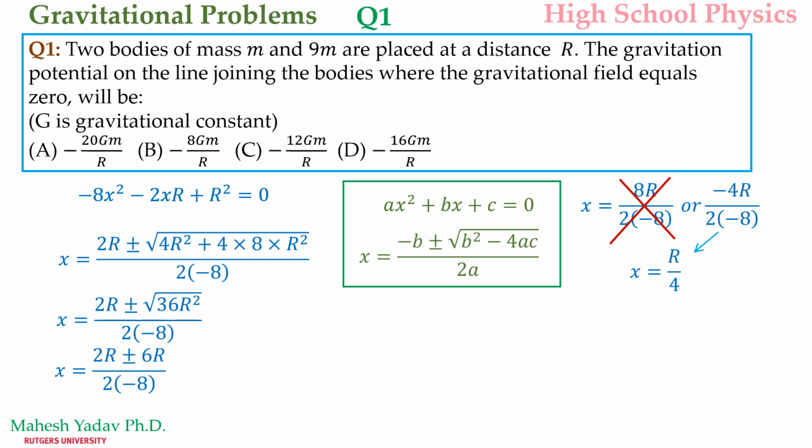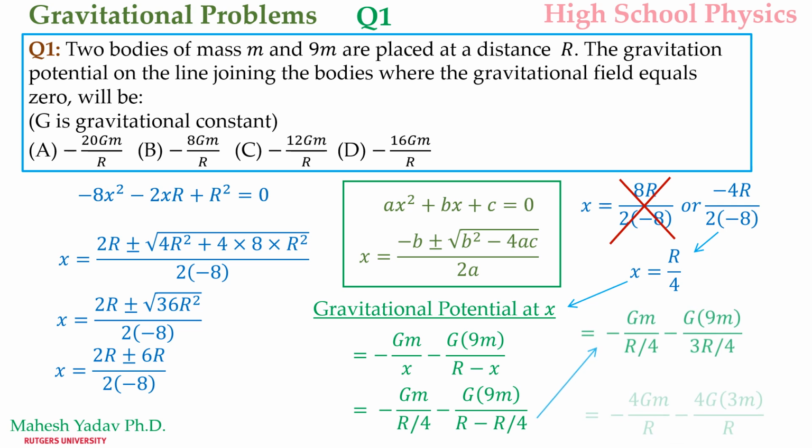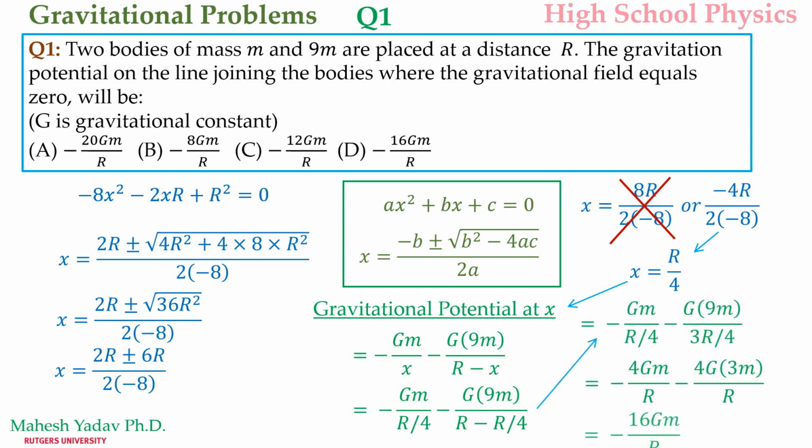Now, we are asked in the question to calculate the gravitational potential at x equals r divided by 4. The gravitational potential due to both masses at x equals r over 4 is given by negative G times m over distance, which is x from small mass m and r minus x from 9m. Do some math, and we finally get negative 16 GM divided by r. This corresponds to the answer choice of D.